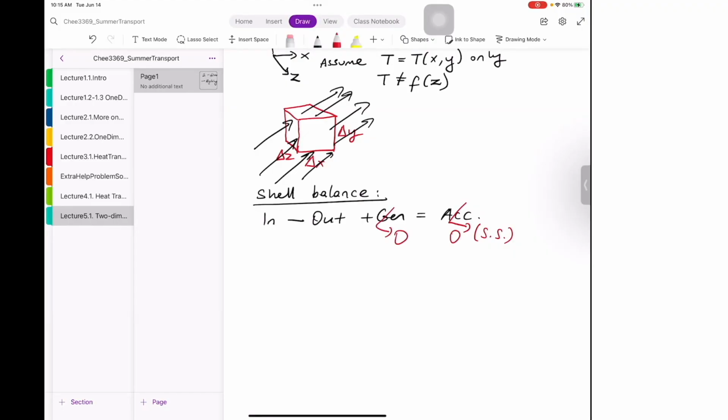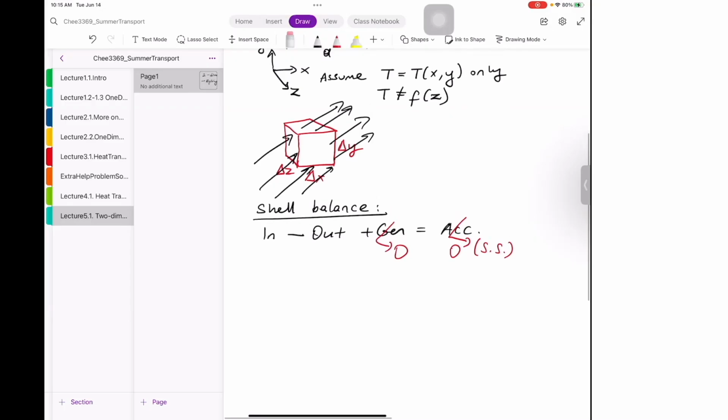You might come up with interesting problems by imposing heat generation, with a generation rate, fancy R, times the volume of the shell. But let's keep it very simple, because even with this simple case, the math involved is going to be complicated. So let's try to solve this one first.